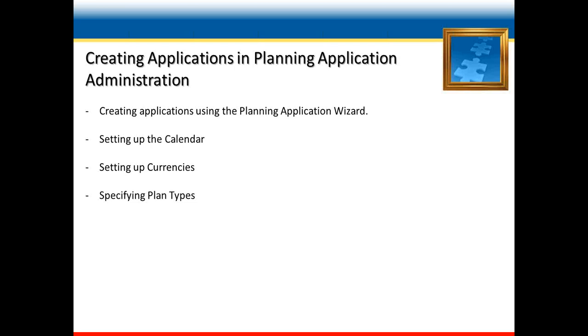If we have multiple currencies for the application, that option needs to be specified during application creation. The plan type is a kind of planning model, which technically is an ASO cube, and we'll look into that in further slides.